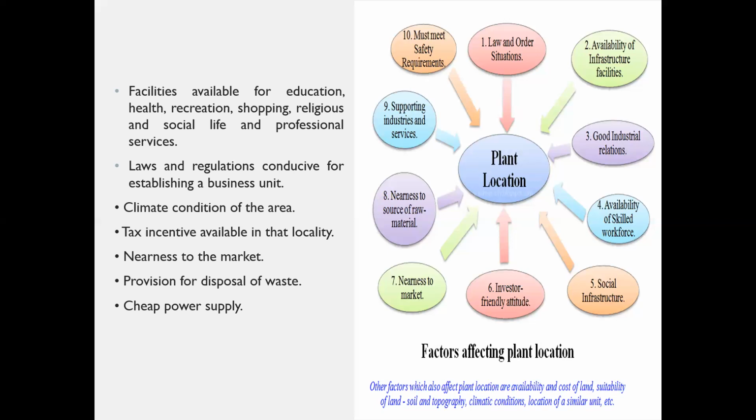The operating cycle of your working capital will be expanded. Unnecessarily, you have to wait until your product gets sold, or wait until you receive your materials at your plant location. So to avoid all these issues, you have to evaluate the nearness to the market of the plant location.